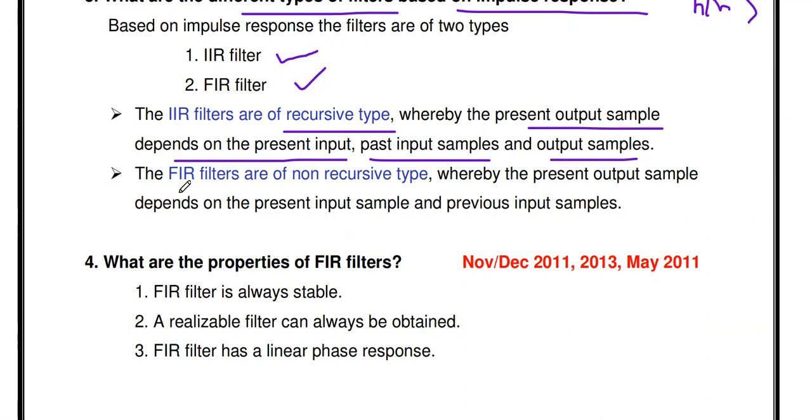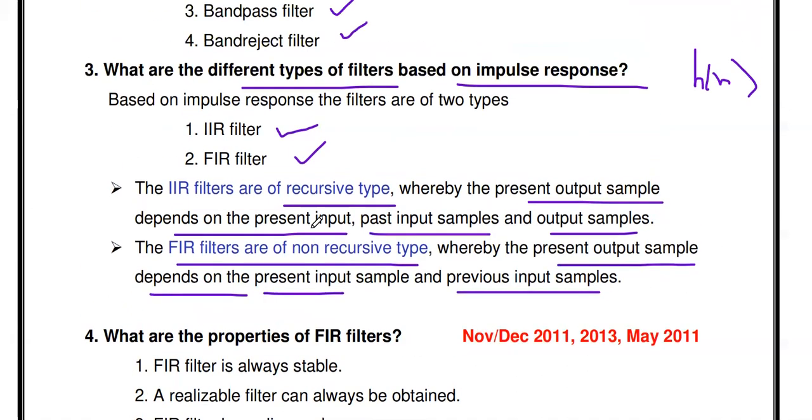But FIR filters are of non-recursive type. That means the present output sample depends on the present input and previous inputs only, not previous outputs. So that is the difference between IIR and FIR filter. The difference between IIR and FIR filter is also one of the important questions, we will see it next. This is the classification of filters based on the impulse response, IIR and FIR.